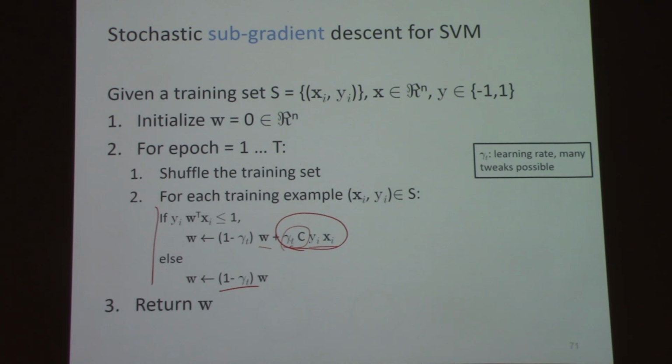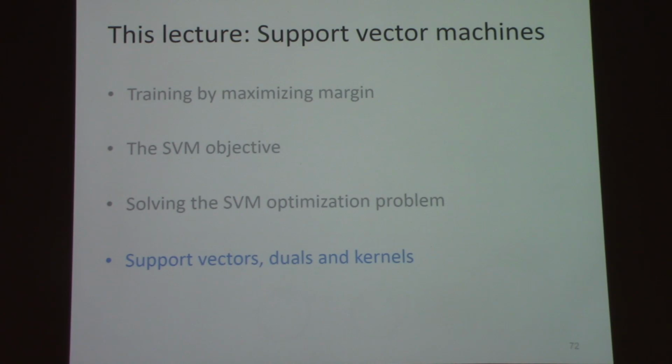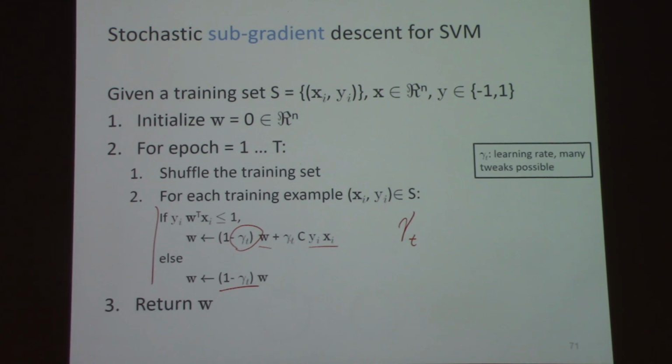One example for choosing gamma is, this is some t, right? So, in fact, here I have gamma t, and t changes every time you see an example. So initially you set t equals 0 here, and you increase t every time you see an example.